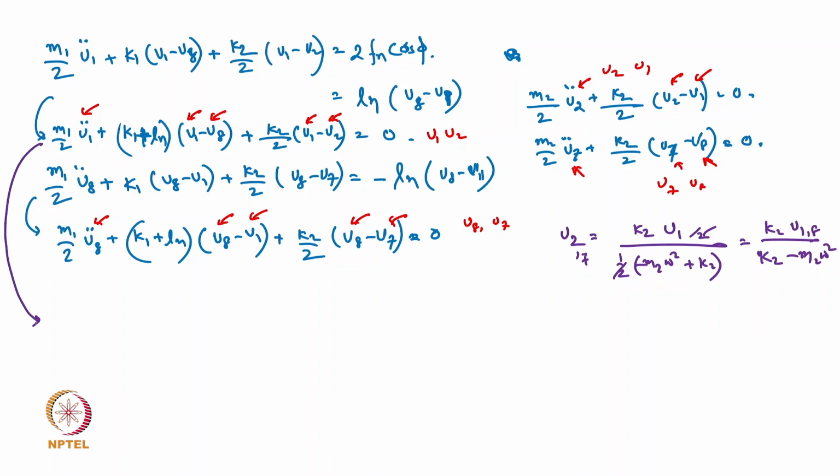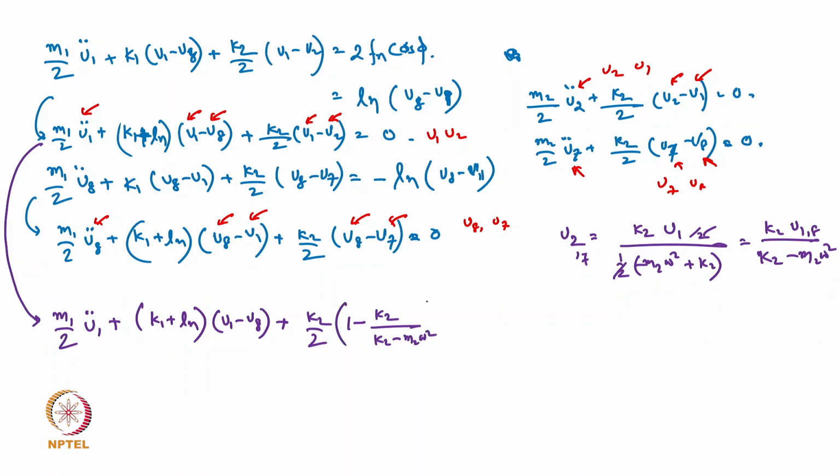Then this equation will be m1 by 2 u1 double dot plus (k1 plus ln) into (u1 minus u8) plus k2 by 2 into (1 minus k2 divided by k2 minus m2 omega square) into u1. That should be equal to 0.